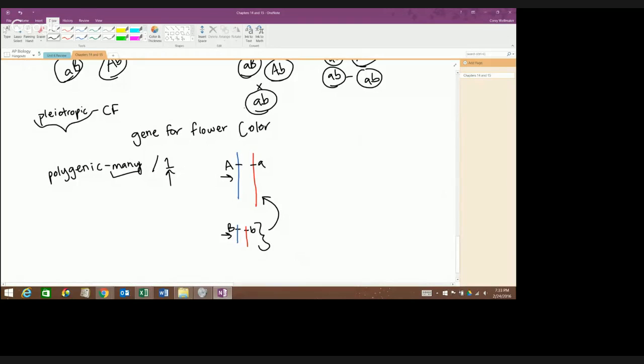But the opposite of that, let me go in a different direction with that question. Can genes that are on the same chromosome behave as though they were on different chromosomes? And the answer to that question is yes, if the genes are really far apart. So, for example, these genes are so far apart from each other that a crossover event between them is virtually guaranteed.